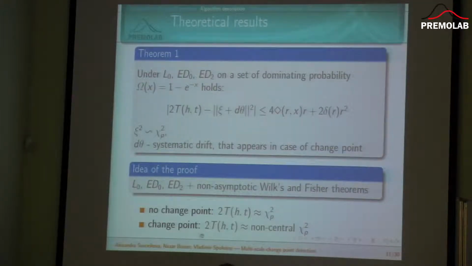But if there is a change point in the sliding window, there appears a systematic drift, and the likelihood ratio test behaves like a non-central chi-squared distribution with a drift that is proportional to the L1 norm of the change point. The idea of the proof is based on the non-asymptotic Wilks and Fisher theorem. Today I will omit these details, but if someone wants to discuss it, I will be glad to after the session.